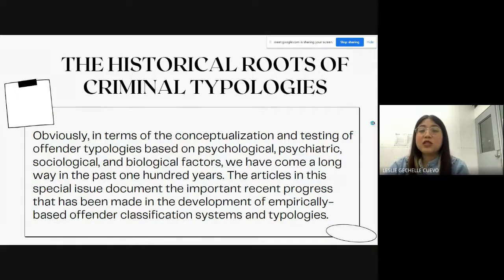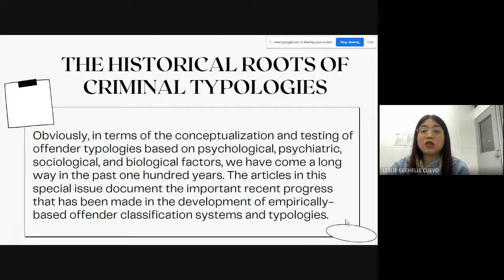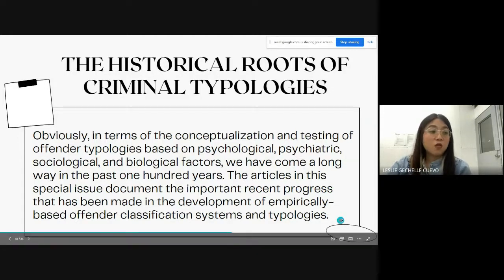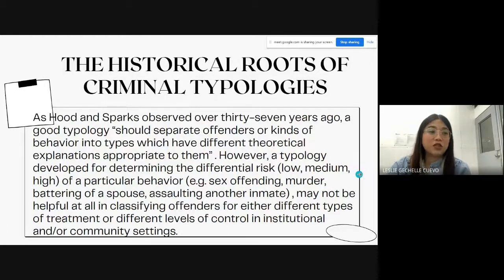Obviously, in terms of the conceptualization and testing of offender typologies based on psychological, psychiatric, sociological, and biological factors, we have come a long way in the past 100 years. The articles in this special issue document the important recent progress that has been made in the development of empirically based offender classification systems and typologies.